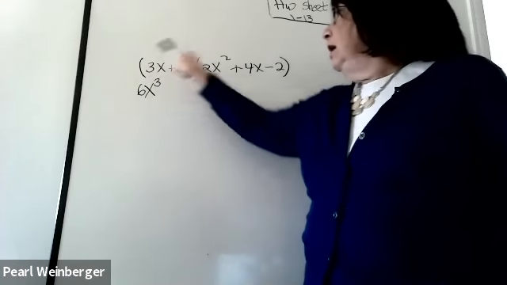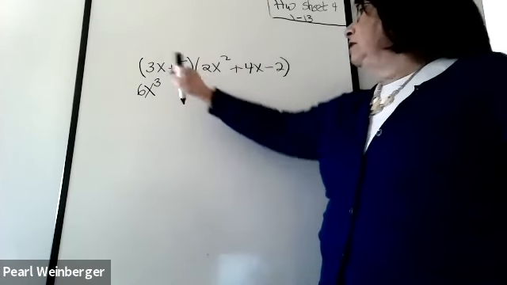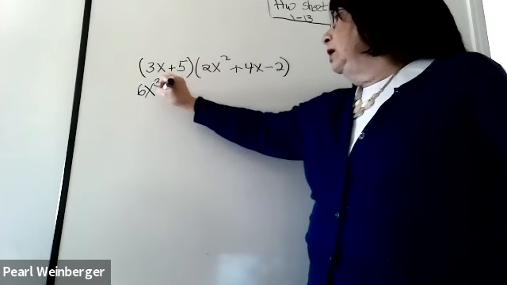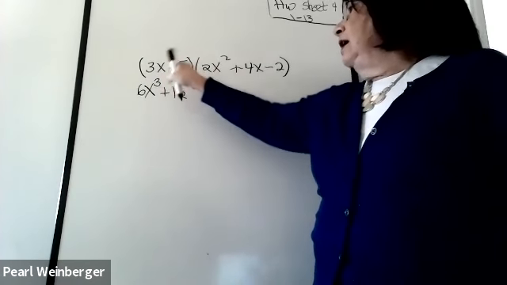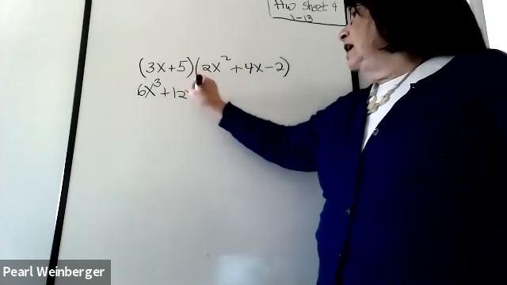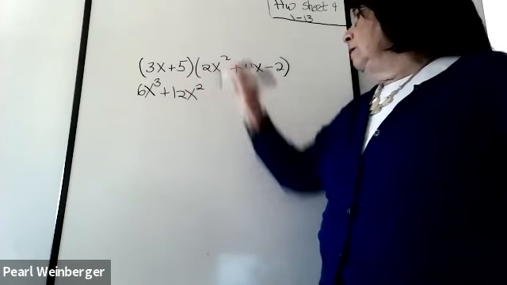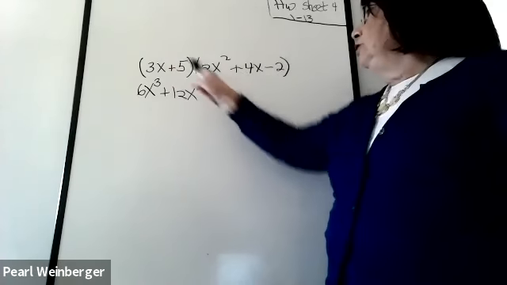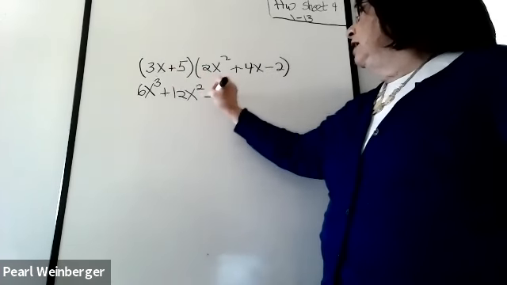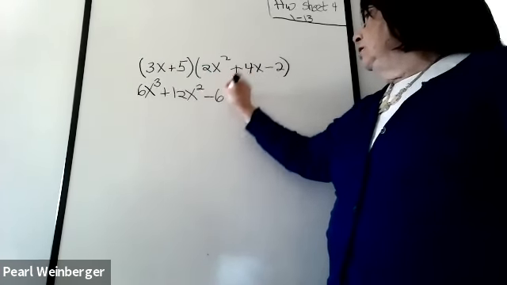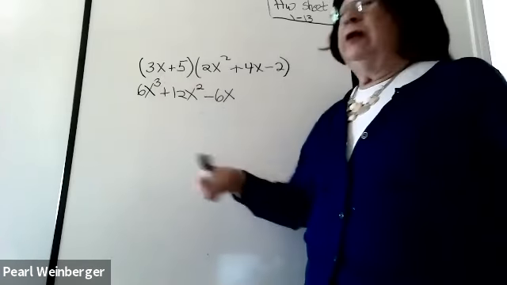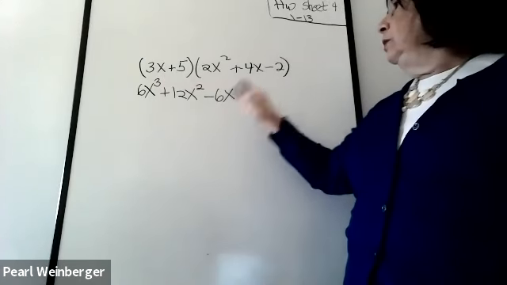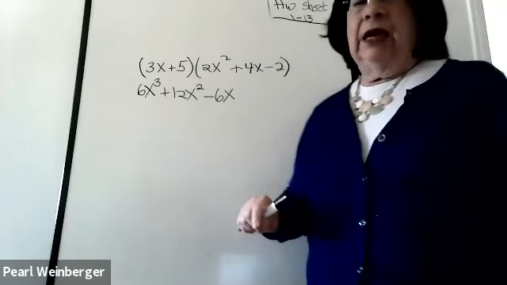Then I take the 3x and multiply it by the 4x. So 3 times 4 is 12. And x times x is x squared. And finally, I take the 3x and multiply by the negative 2. 3 times negative 2 is negative 6. And there's only one x there. We don't have any to multiply by. So it becomes negative 6x.